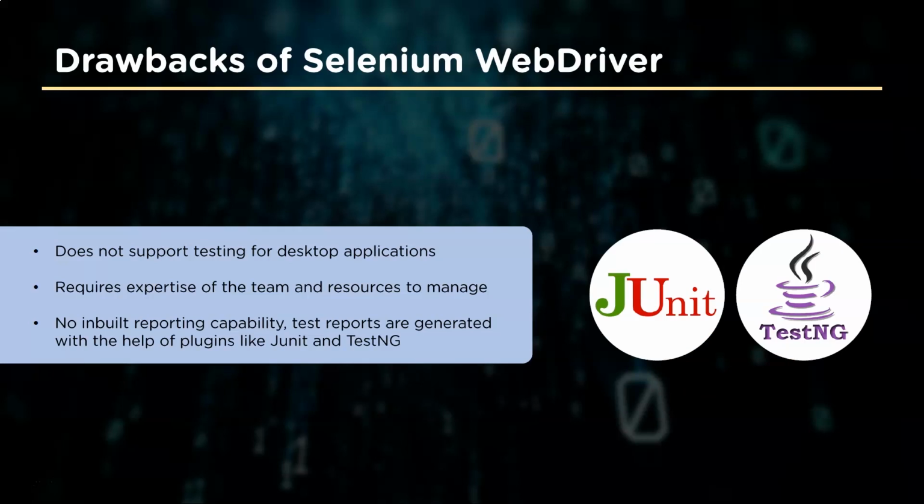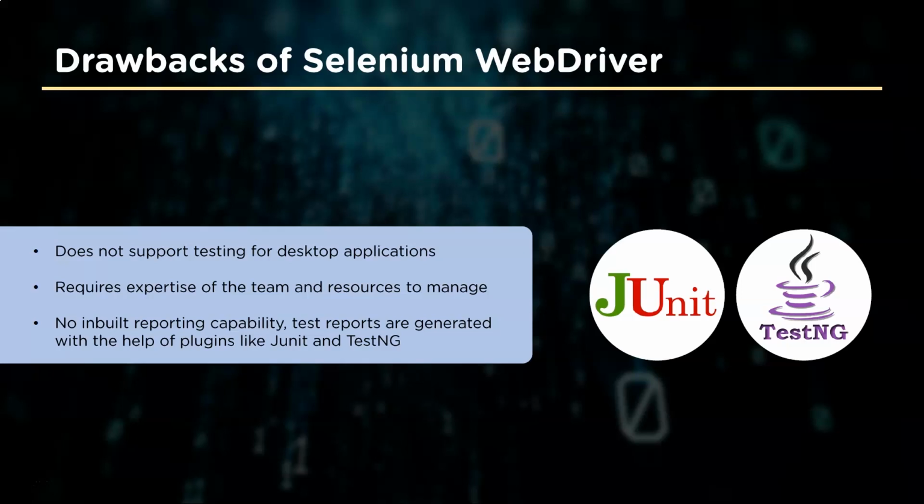Now it's not having any inbuilt reporting capability, so it's not available in this one. The test reports which get generated here are with the help of JUnit and TestNG. There is no default reporting mechanism available in this one. So we can extend our test scripts in Selenium by integrating with JUnit and TestNG, so that we will be able to get proper reporting.